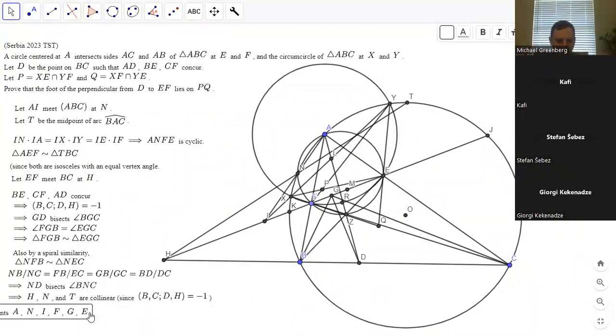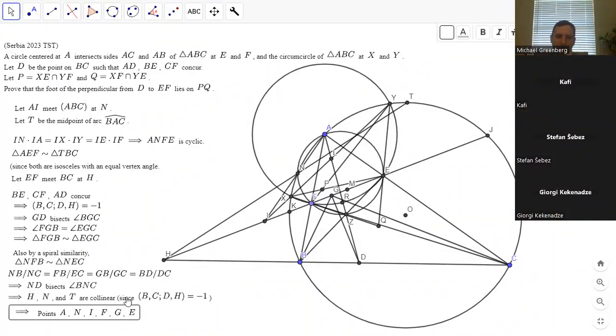How do we know that? Because ANFE is similar to TNBC, so they have to correspond. And then FG over GE is BD over DC.